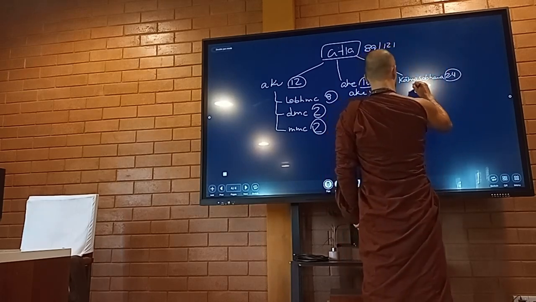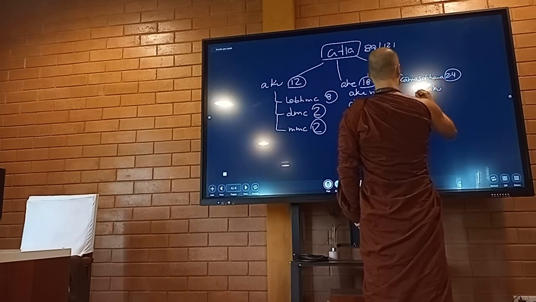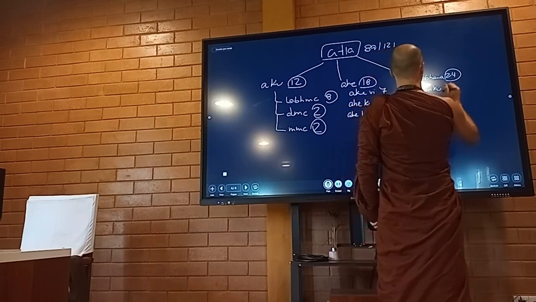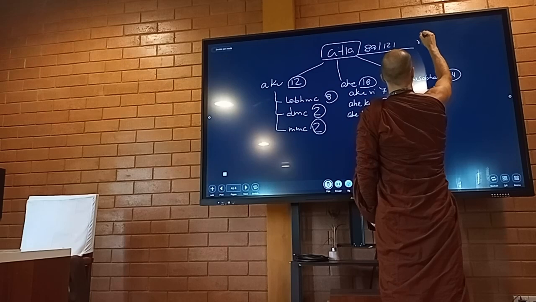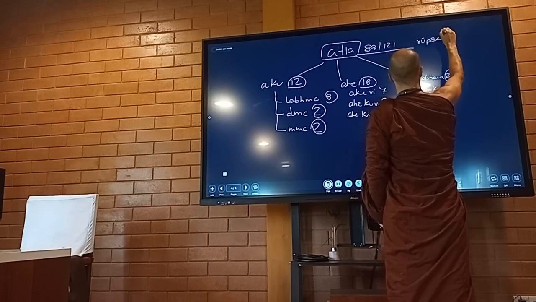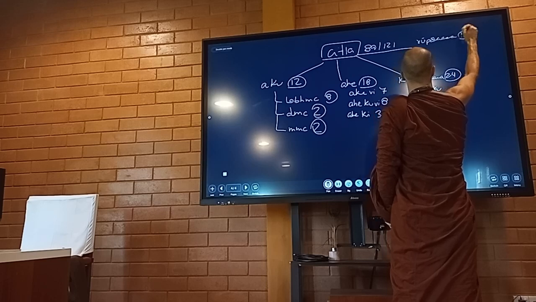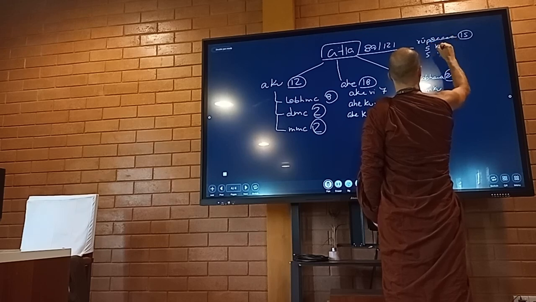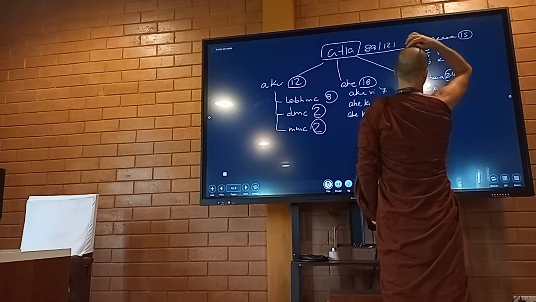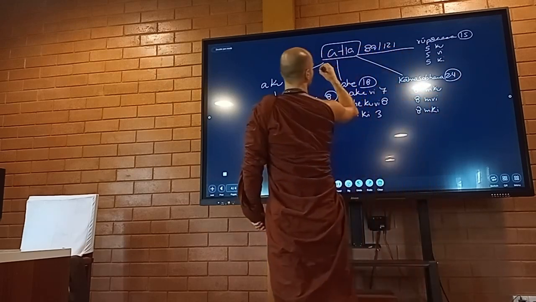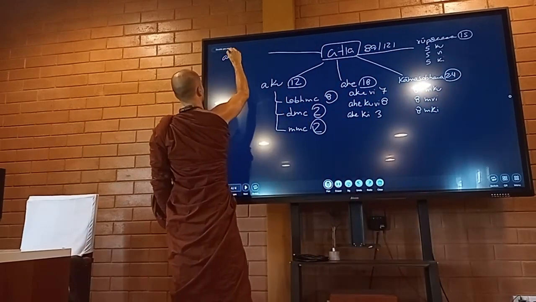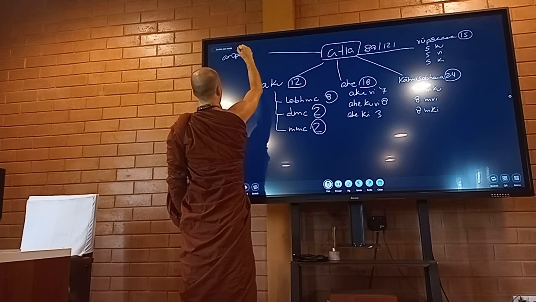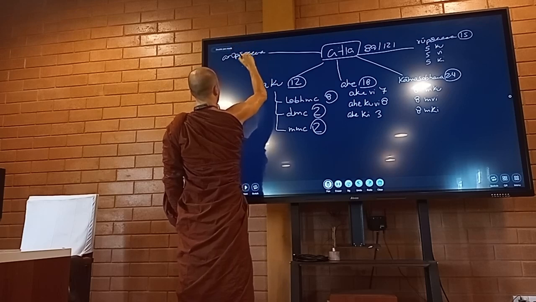We have 8 mahakusala, 8 mahavipaka, 8 mahakiriya, and then rupavachara, 15. We have 5 kusala, 5 vipaka, 5 kiriya, right? And then arupavachara, 12.